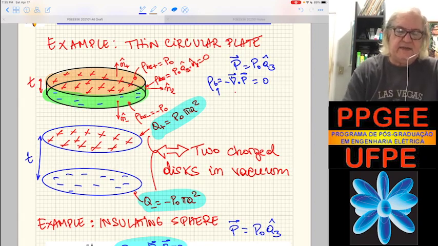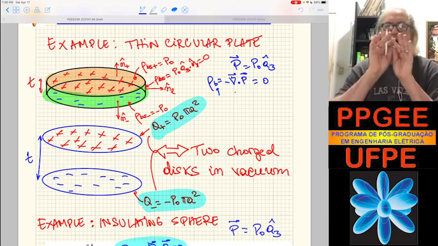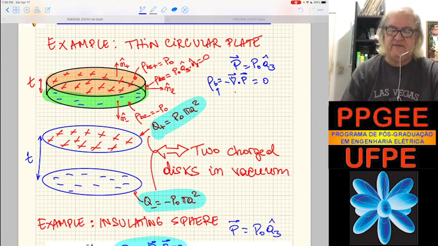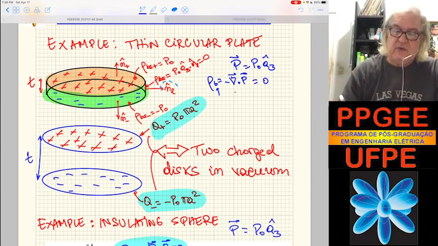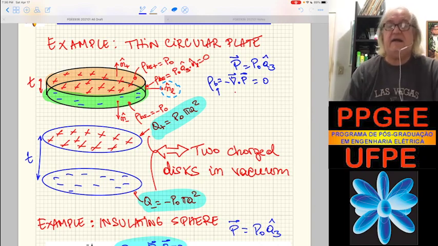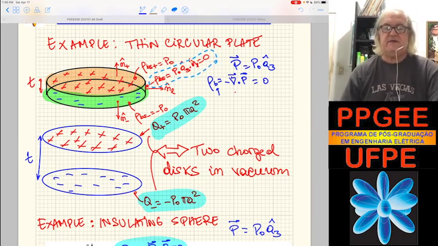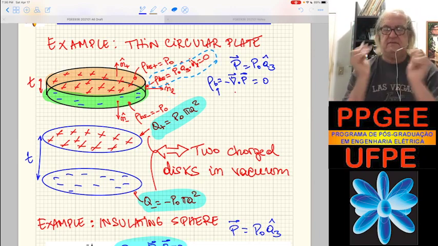And we also have the surface on the side of the plate, the wall, right? The lateral surface. So we have the normal outwards on the lateral surface, which is a_r, which is orthogonal to P, so we have no contribution on the lateral surface of the disk.